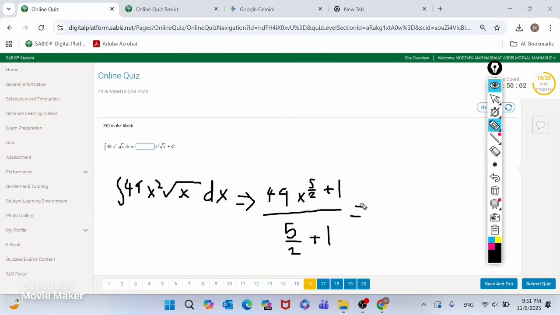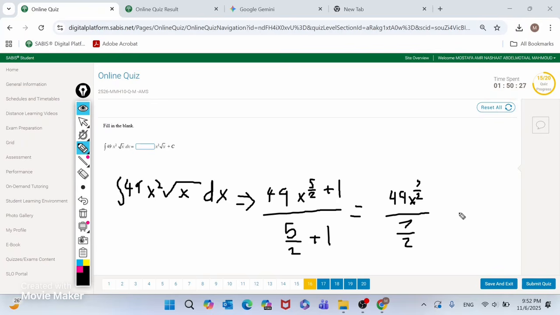That's gonna give you 49 x to the power of 7 over 2 over 7 over 2. Now, 49 over 7 over 2 is equal to 14. So equals 14 x to the power of 7 over 2.